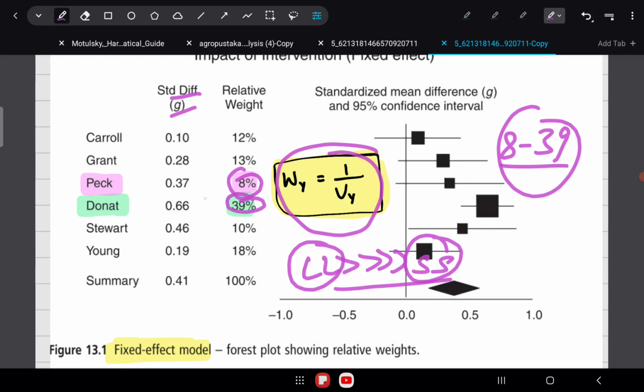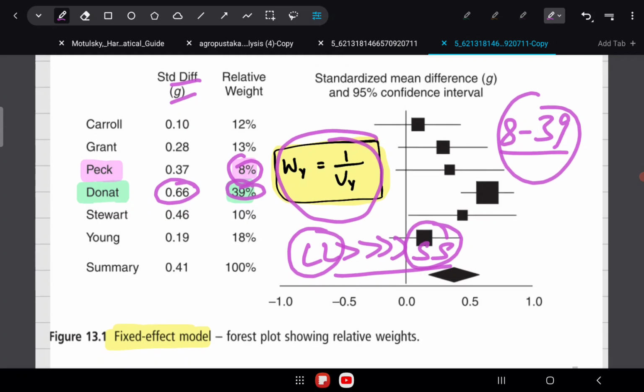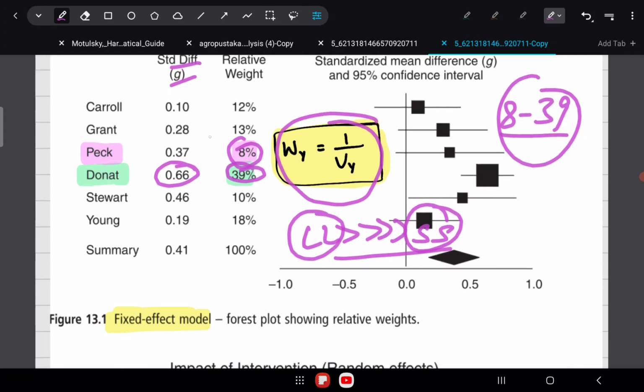You can see the most extreme effect size is this study, Donut, right? And the least extreme study would be this, right? So extreme basically means the most influential, most dramatic effect size that you see. That is the meaning of extreme.